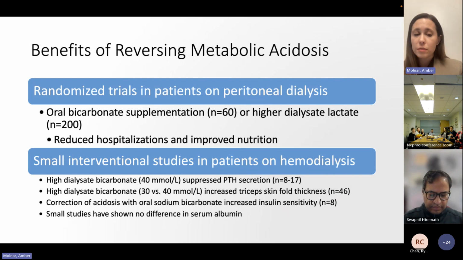But we also have a number of small studies that have shown no difference in serum albumin as a marker of nutrition. So not really a lot of data showing a difference in clinical outcomes with actually treating metabolic acidosis.